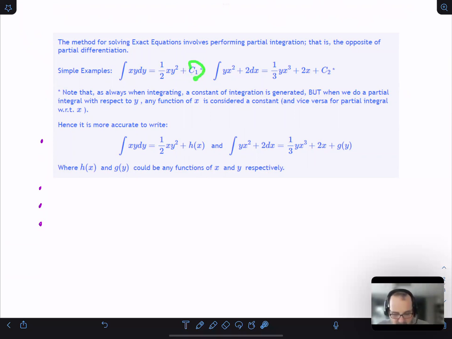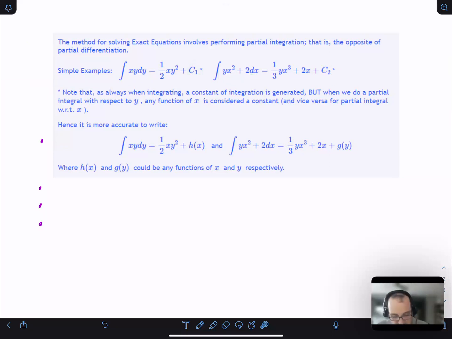So this is probably not general enough. Just call this C1. This is not general enough just to call it C2. This one here, because we integrated with respect to y, C1 could actually have been a function of x, and C2 over here, because we integrated with respect to x, C2 could have been any function of y.